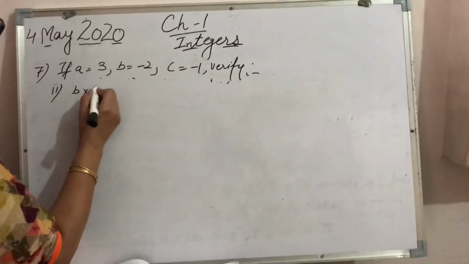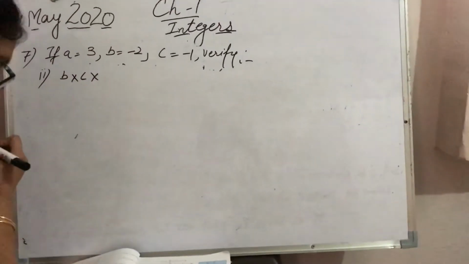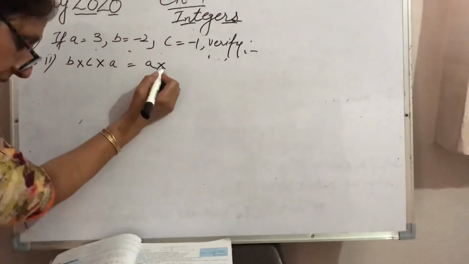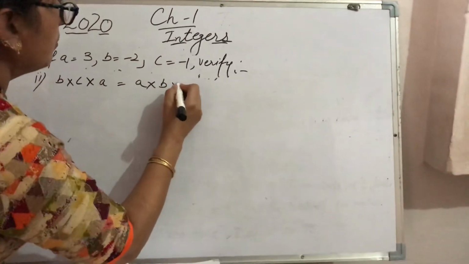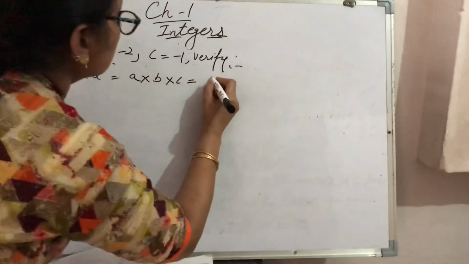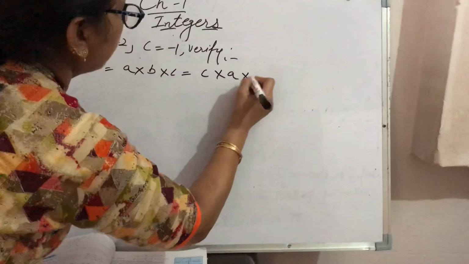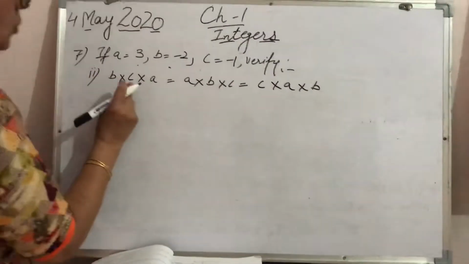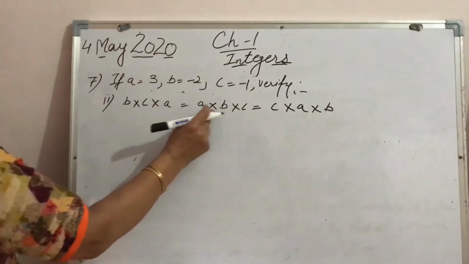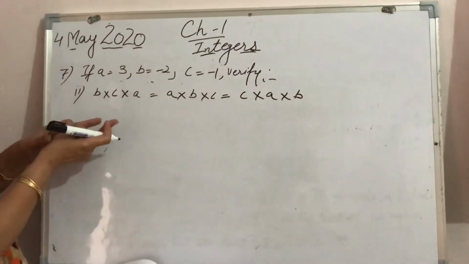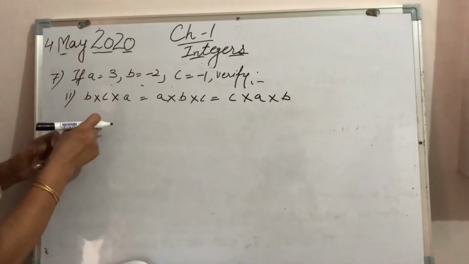B multiply C multiply A, then A multiply B multiply C, equal to C multiply A into B. Now B into C into A, then A B C, then C A B. We just have to interchange their orders.